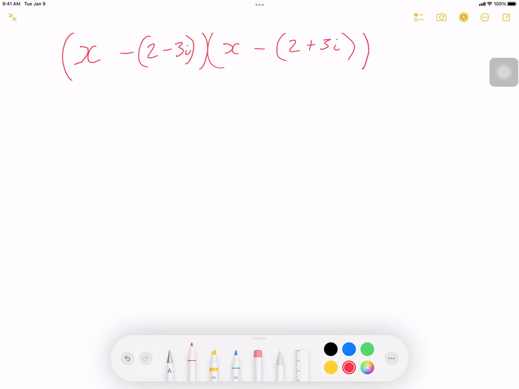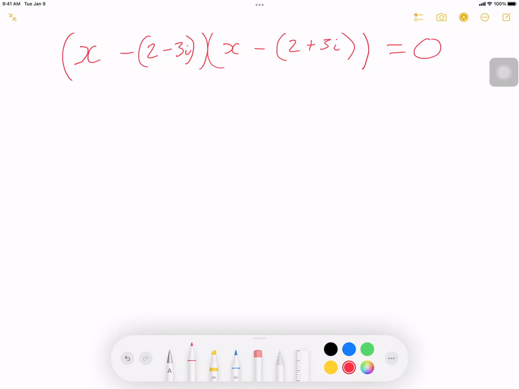The main reason for this is so that we will get real coefficients on our quadratic equation once it's all expanded. So setting that all equal to 0.